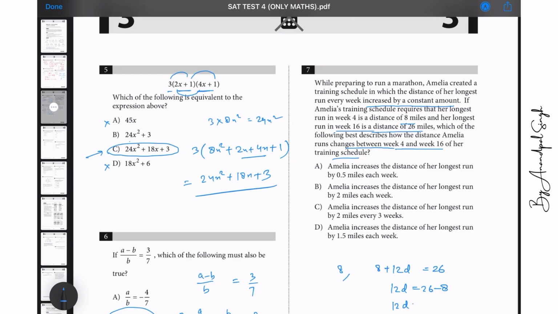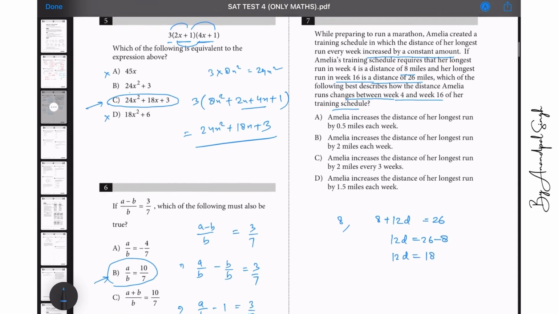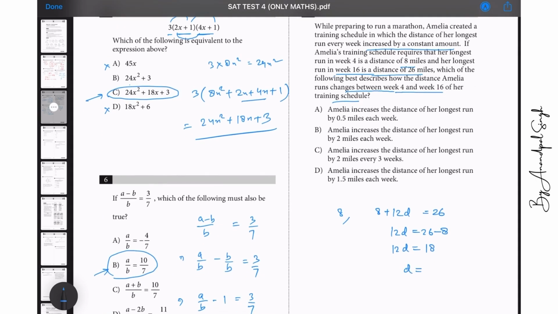It means 12D equals 18. Dividing both sides by 12, you should get 1.5. It means Amelia increases the distance of her longest run by 1.5 miles each week. So D is the right answer.